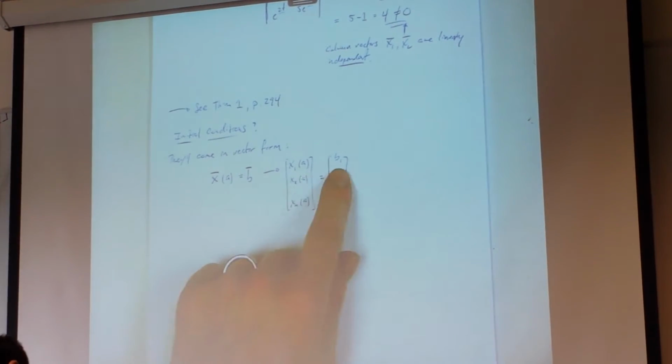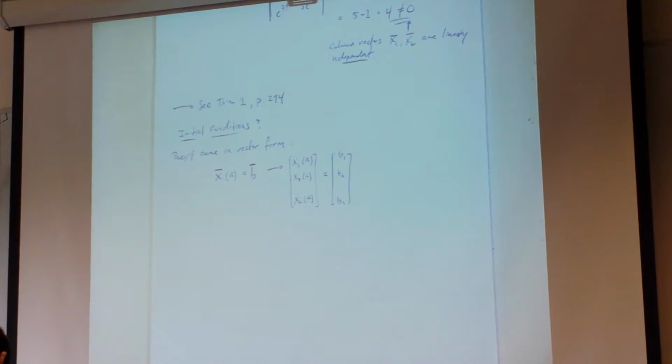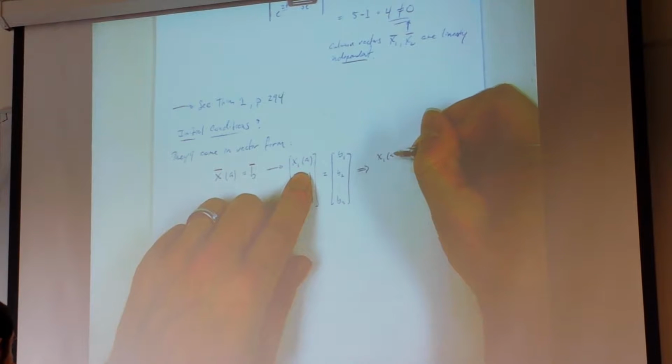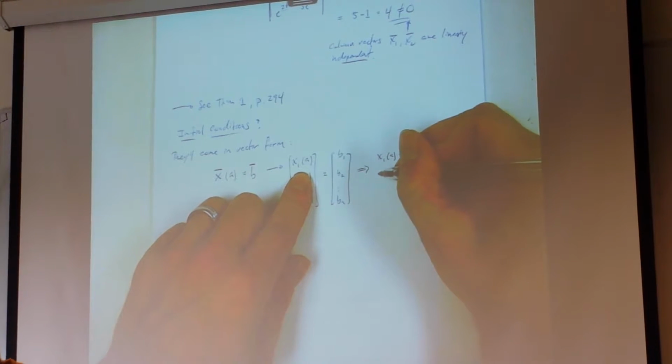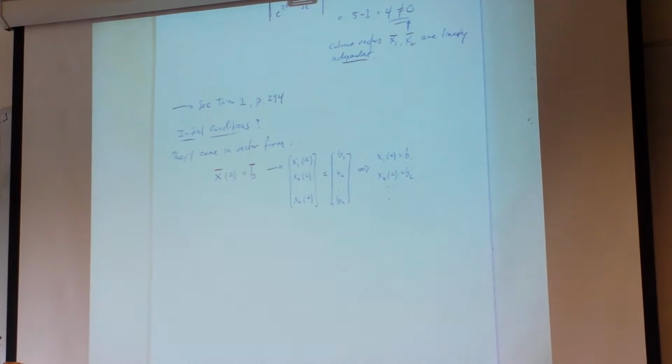So this does contain n initial conditions in that vector statement. What it means is x sub 1 of a equals b1, x sub 2 of a equals b2, and so on. So it is initial conditions in that vector form.